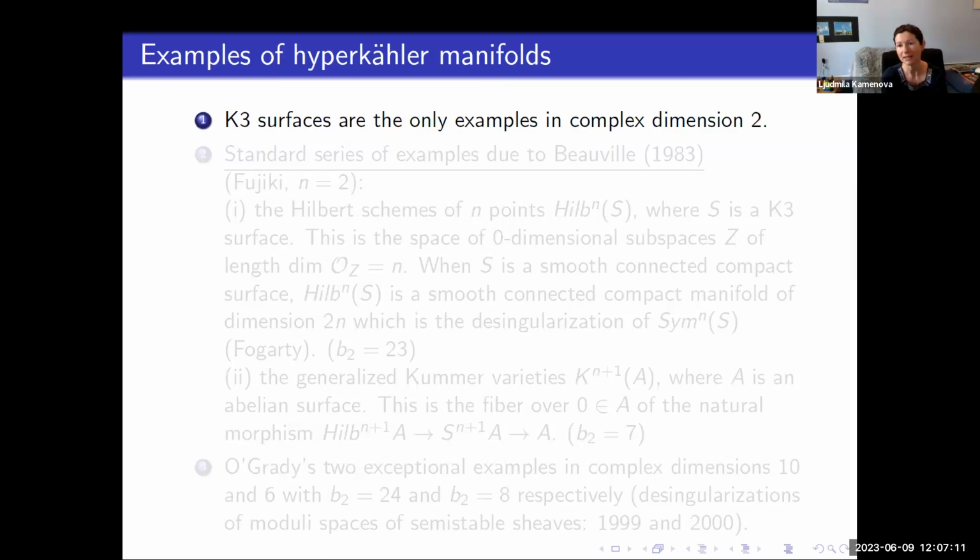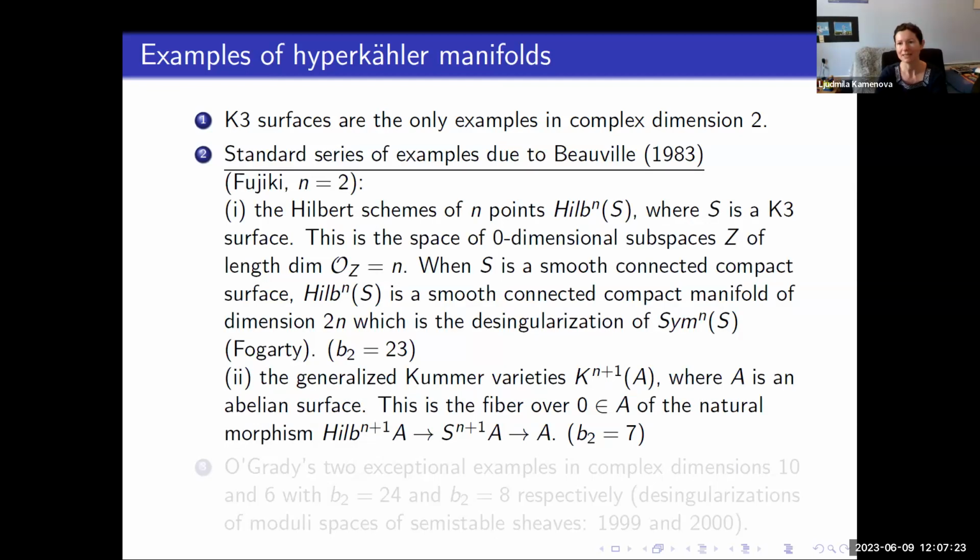So in the Calabi-Yau case, you have a lot of examples. However, in the hyperkähler case, you have very few examples. You have K3 surfaces, then you have some standard examples of Beauville and Fujiki. For example, you can take Hilbert schemes of points on a K3 surface, and then you can also take the generalized Kummer varieties.